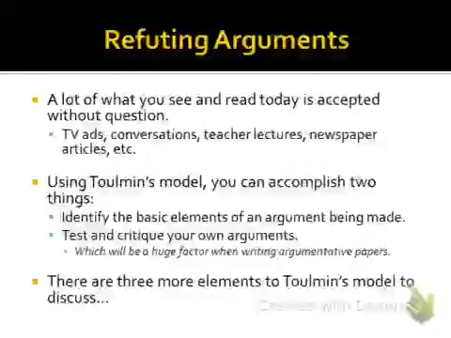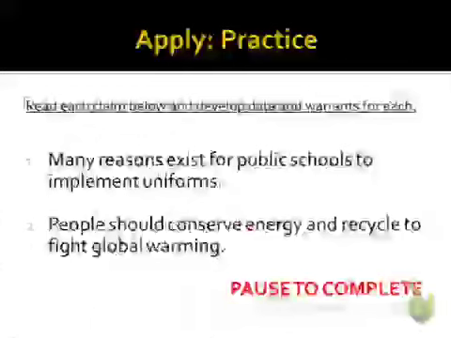But using Toulmin's model, you can accomplish two things: identifying the basic elements of an argument, and testing and critiquing your own arguments, which will be a huge factor when you write argumentative papers. There are three more elements to consider to add to this basic part, so I'm going to return us back to the Toulmins in just a second.